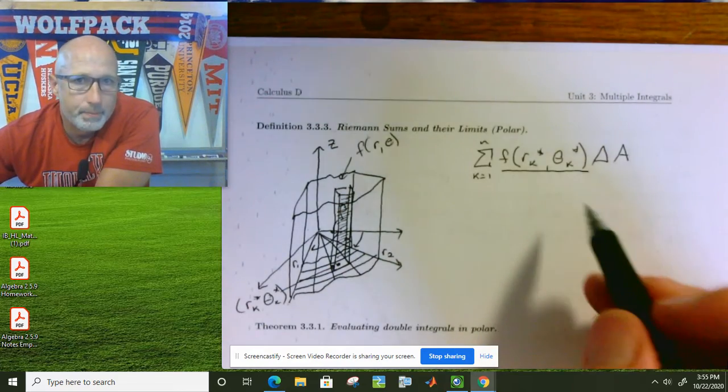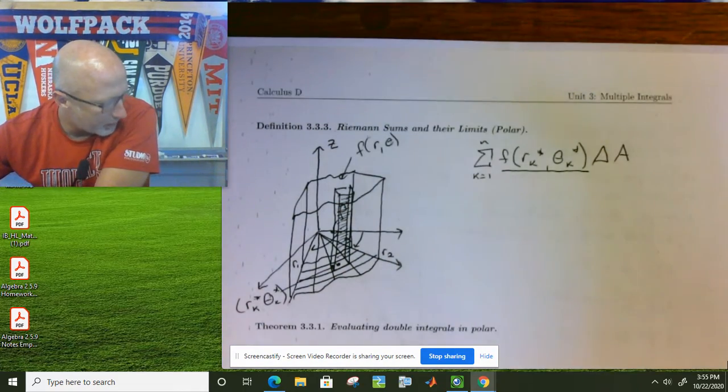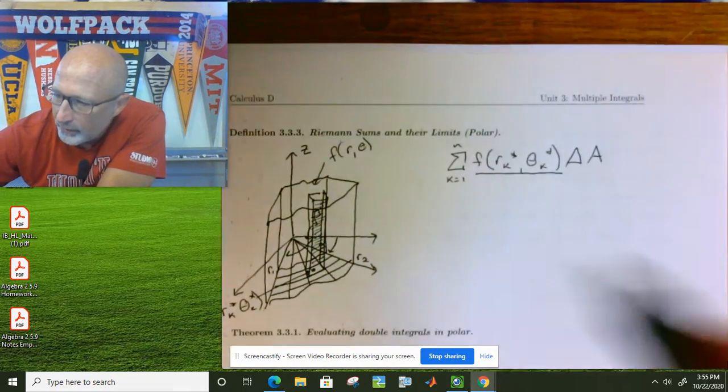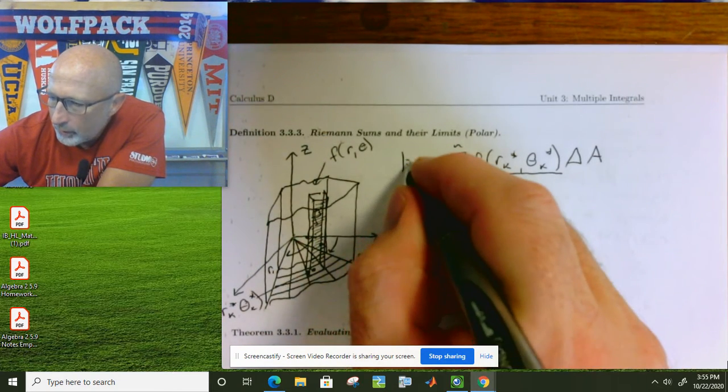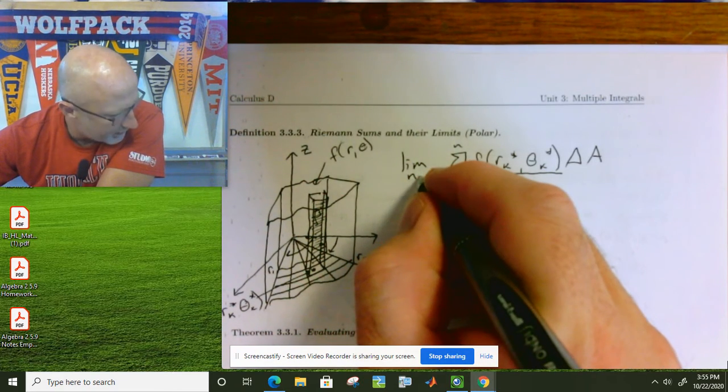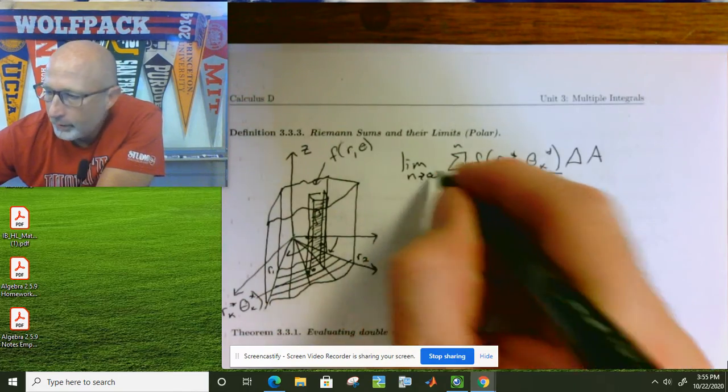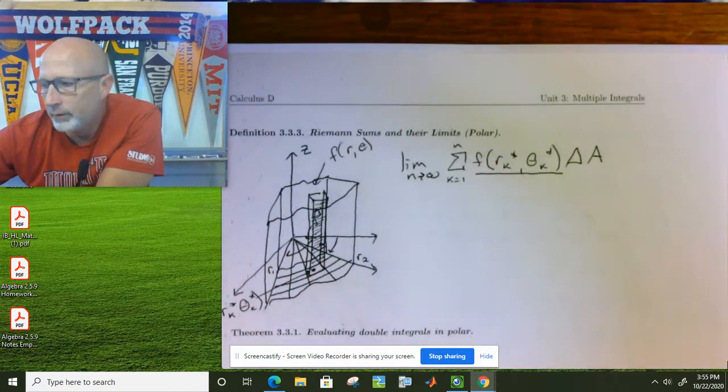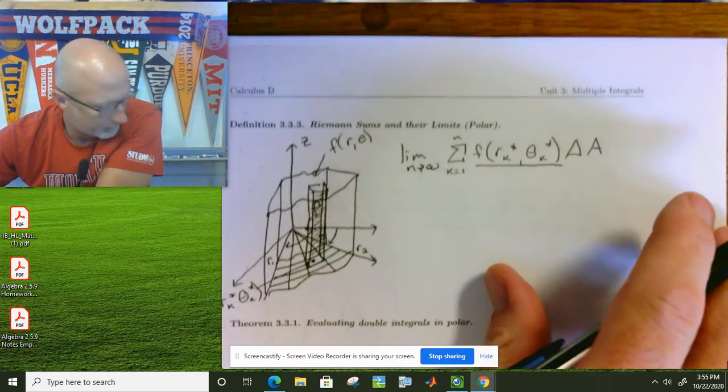We just want to add them up, but once again that's just an approximation. So we take the limit as n goes to infinity, and this will give us the actual volume.